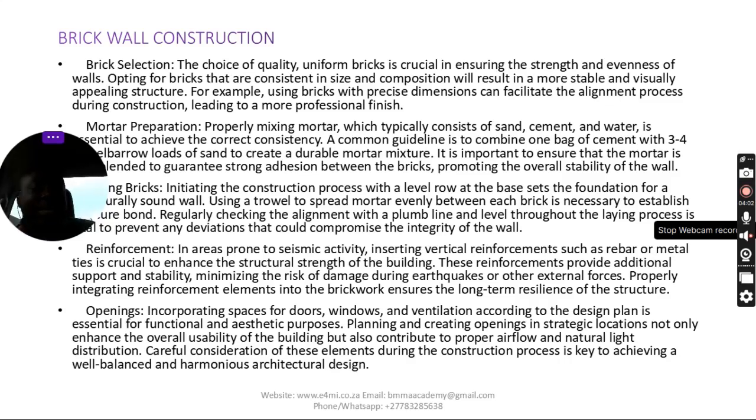When the wall is straight, let me just also make sure not to skip this point, the reinforcement. In areas that are prone to seismic activity, you have to insert vertical reinforcement such as rebar and metal ties. They are also required within the individual rows.